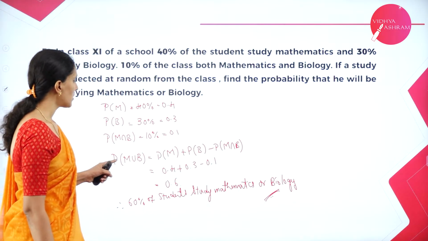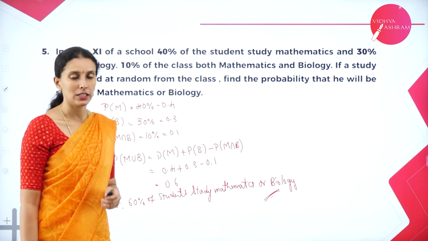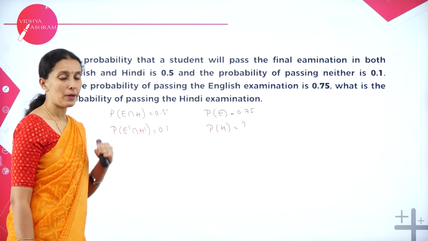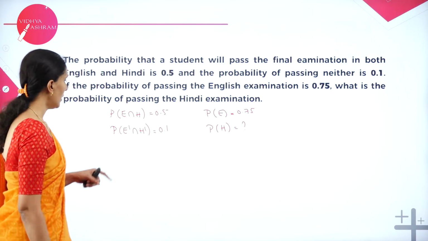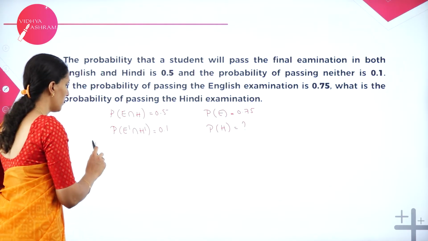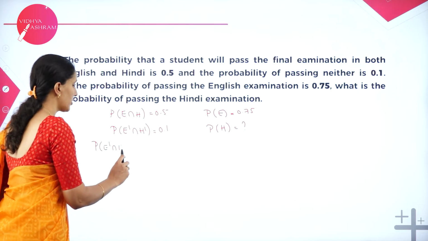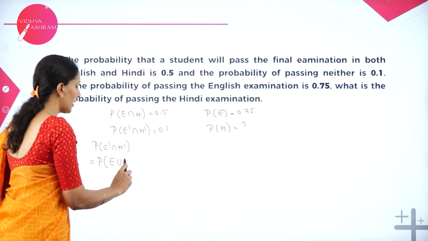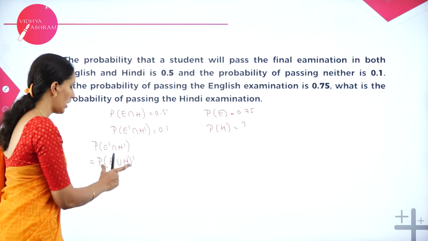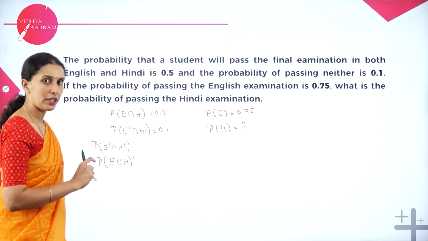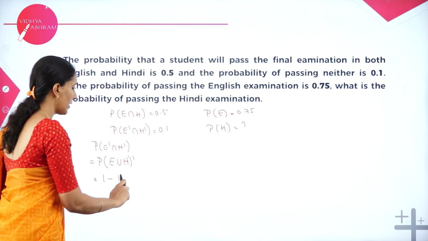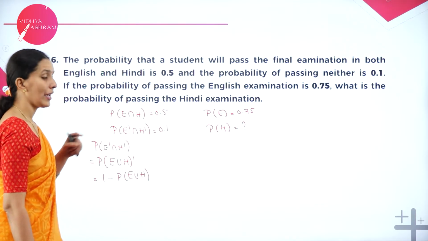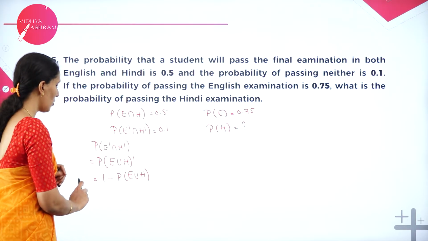So, we have to use the same concept of A or B, that is probability of A or B, but here we have two values. We need probability of A or B also. Now here, using this concept, probability of E dash intersection H dash can be written as probability of E union H whole dash. Now this is actually the complement of E union H. So I can write this as 1 minus probability of E union H. So the value of E union H whole dash is given, that is 0.1.